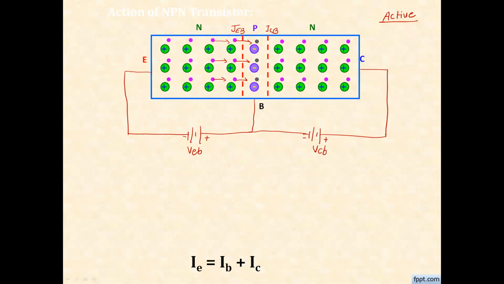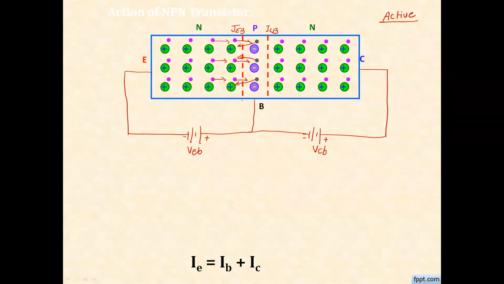Similarly, the P region is connected to the positive terminal. It means the holes, the black color circles, are also repelled from the terminal of the battery, and the holes also try to cross the junction. The case is similar to when the PN junction diode is connected in forward bias. Right?